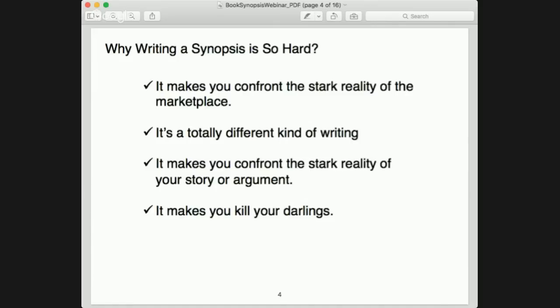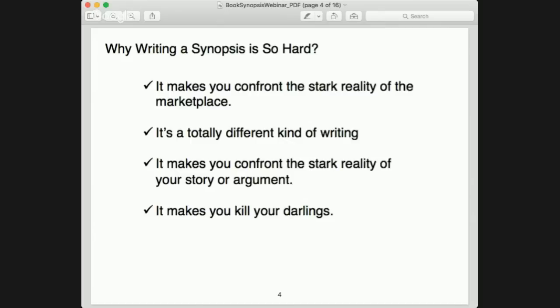It's a very different kind of writing. It's sales copy, really. It's marketing copy. And that's very different from writing fiction, from writing memoir, from writing nonfiction. Doing this kind of work also makes you see exactly what your story really is, or your argument really is. And that can be terrifying because maybe you don't like it. And that's hard. And because a synopsis is so short, it makes you confront the fact that you might have to get rid of some things that you really love.